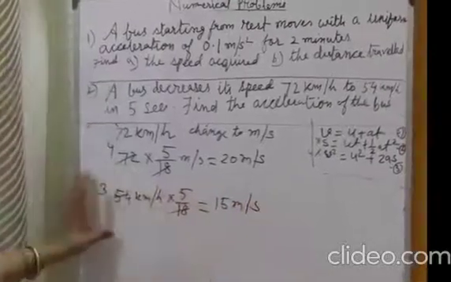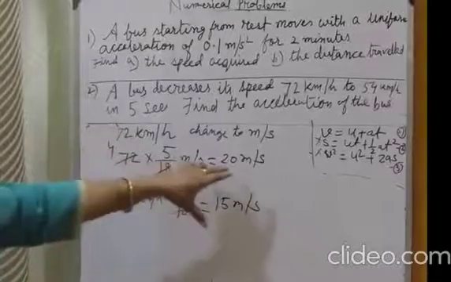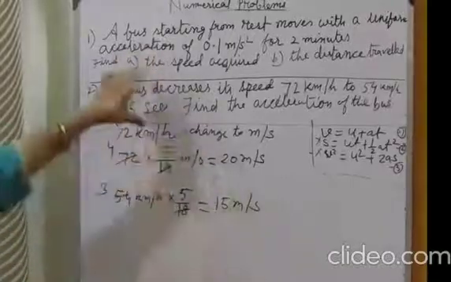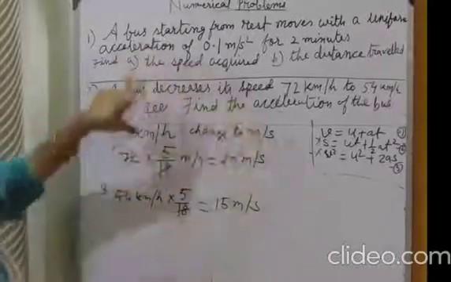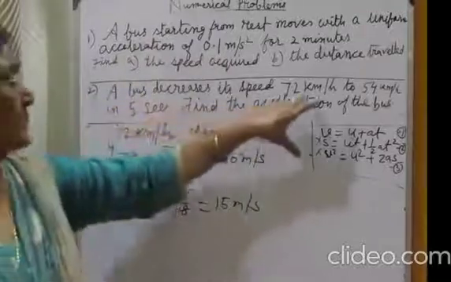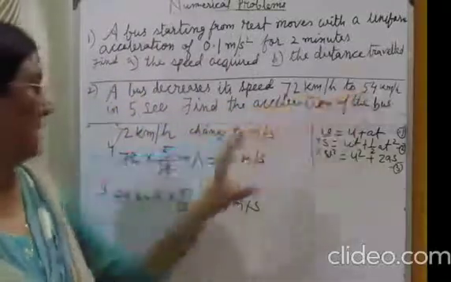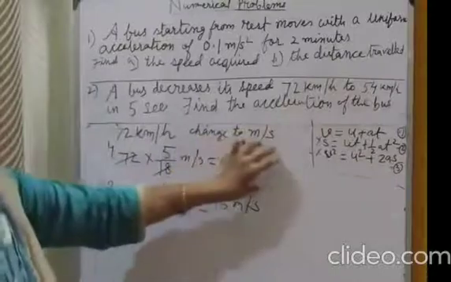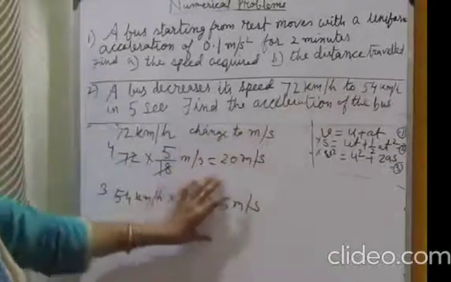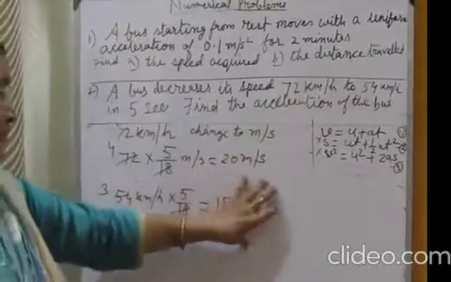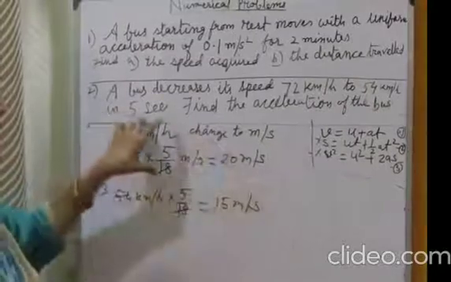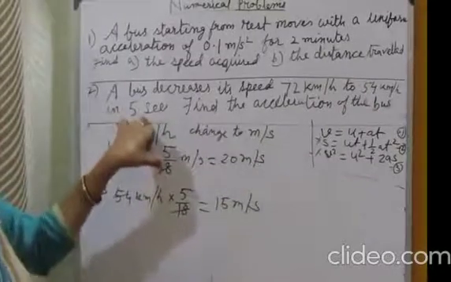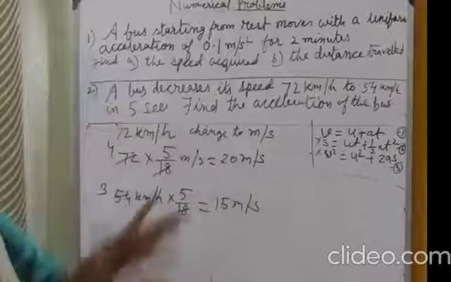So this is 20 meter per second. That means the bus decreases its speed from 72 to 54, means from 20 meter per second, the speed becomes 15 meter per second, in how much time? In 5 seconds.